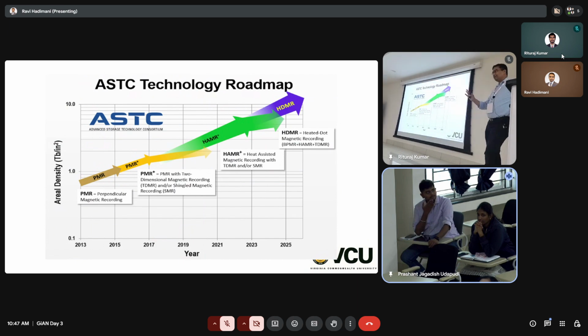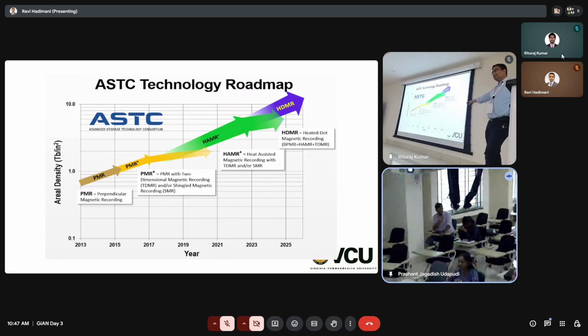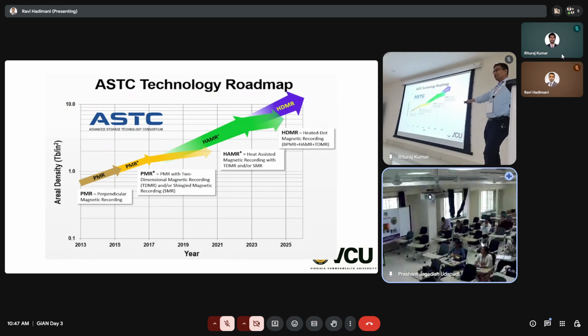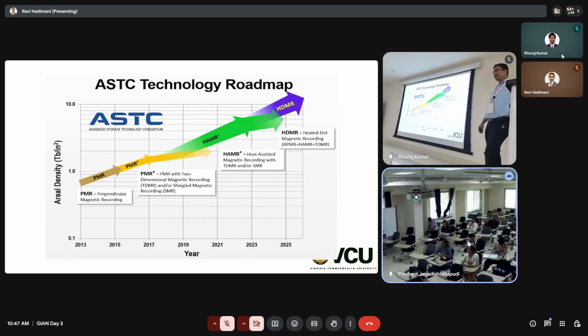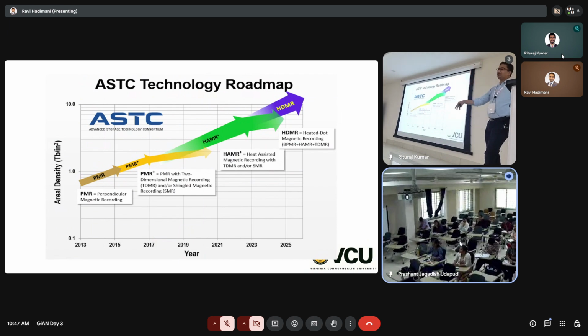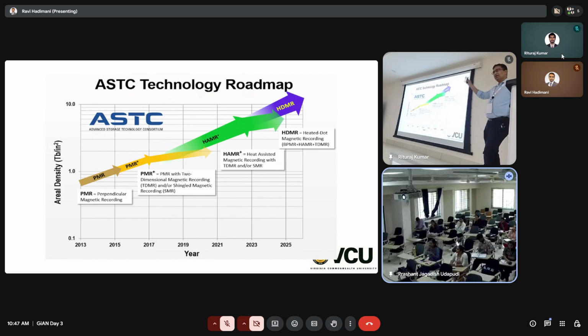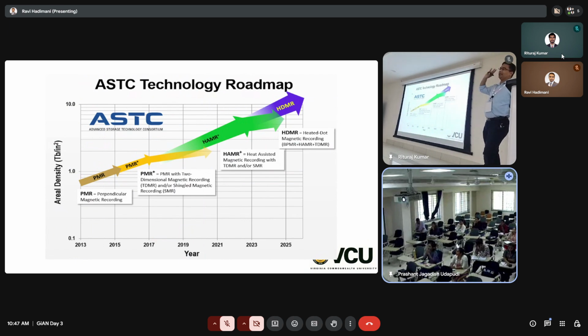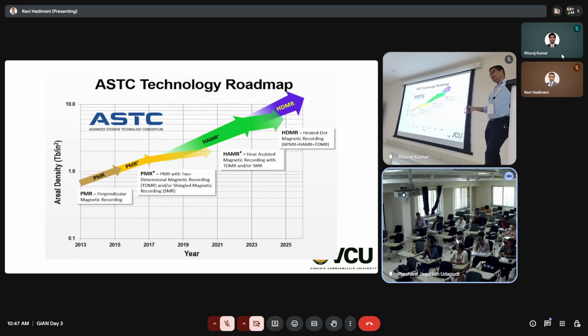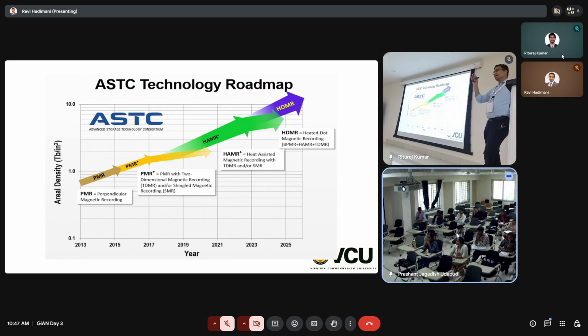Now, these three, the transformers, motors, and data storage, are the three major things of magnetic materials. Then there are many smaller things, okay? MRI, in medical imaging, in actuators, in stress detection, and so on and so forth.